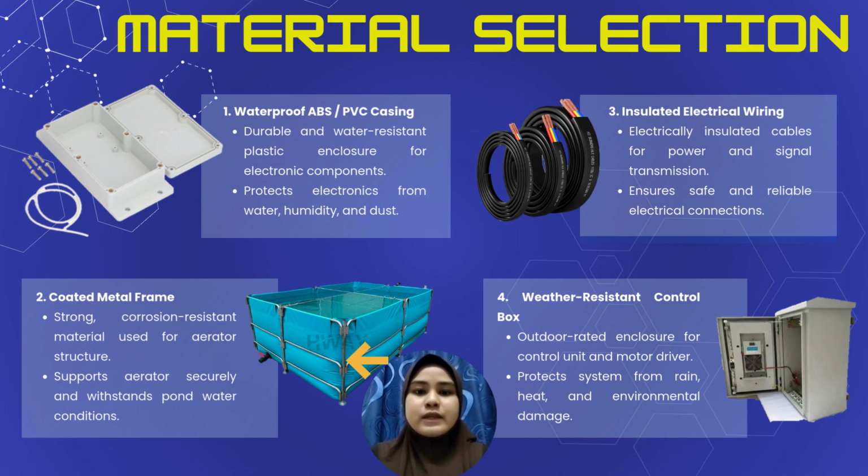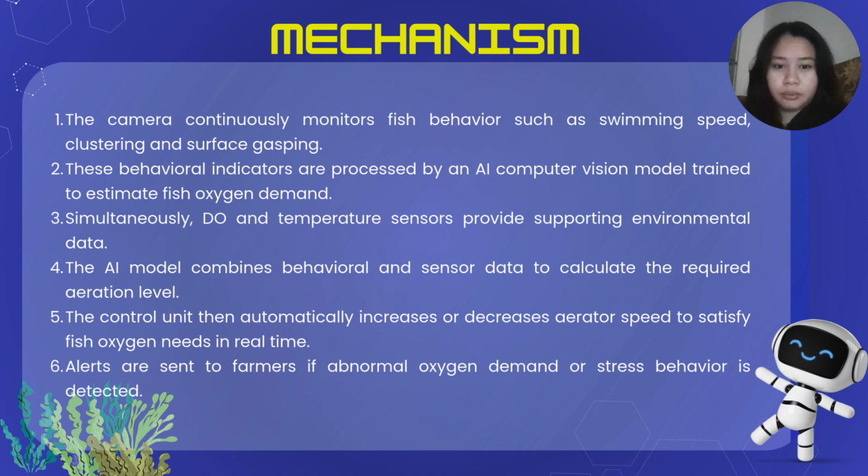Third, insulated electrical wiring is used to safely transmit power and control signals and to prevent electrical leakage or short circuits. Lastly, a weather-resistant control box houses the control unit and motor driver. This protects the system from rain, heat, and outdoor damage.